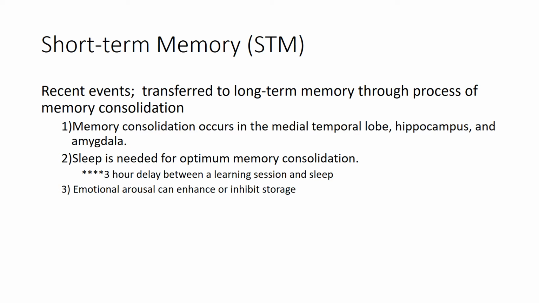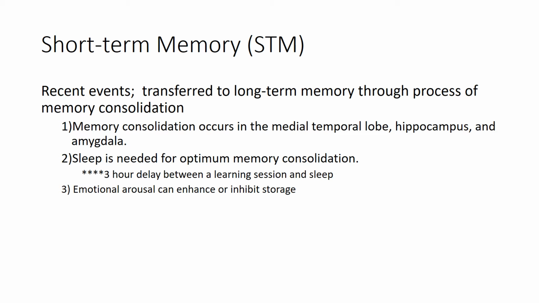Short-term memory is memory of recent events. Transferring information from short-term memory to long-term memory is called memory consolidation. This requires activation of genes, production of new proteins, and formation of new synapses.